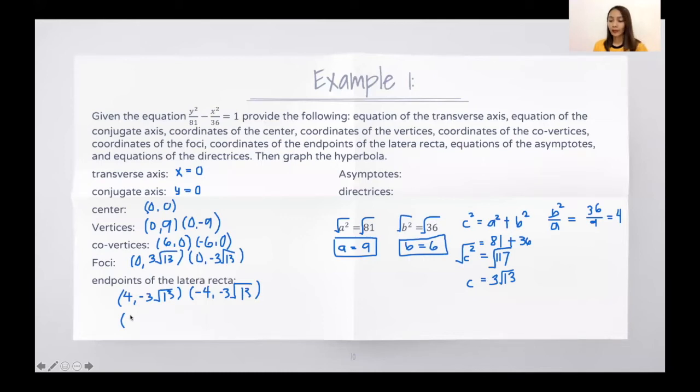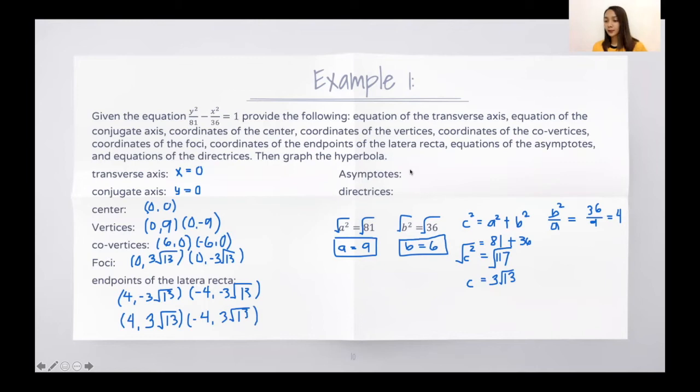Okay, so we have 4, positive c, so 3, the square root of 13, and negative 4, and positive c, so 3, the square root of 13.